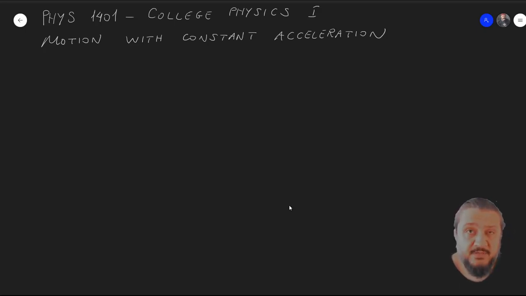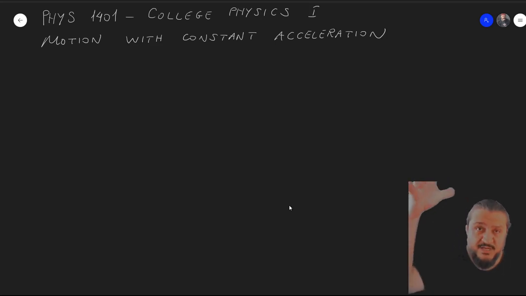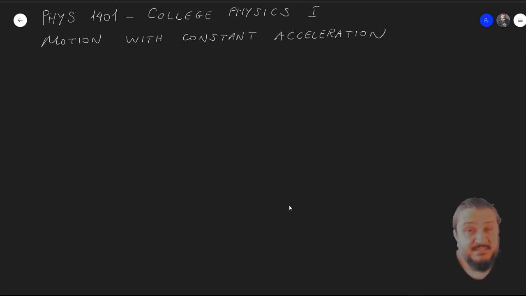An example of a motion along a line, one-dimensional motion with constant acceleration, is free fall. When you drop an object, once it leaves your hand, the only force acting on it is gravity, and within certain distances that doesn't change.